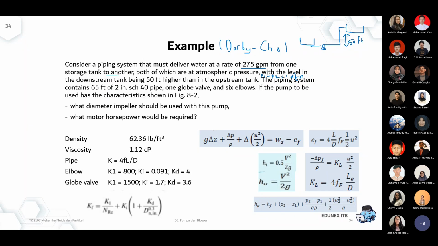The piping system contains 65 feet of 2 inch Schedule 40 pipe, 1 globe valve, and 6 elbows. So maybe that's 1 elbow, 2 elbows, 3 elbows, and there will be another 3 elbows in the system.